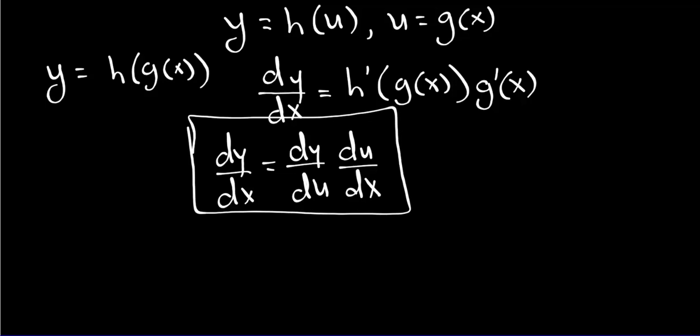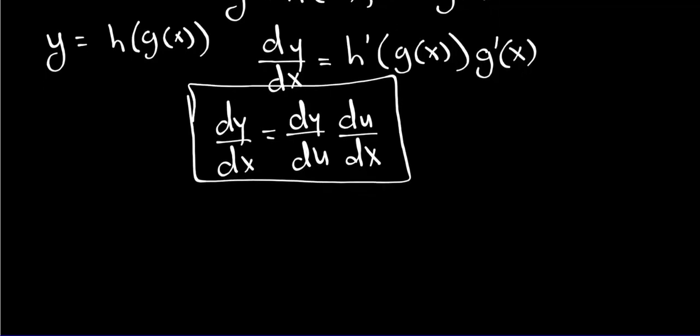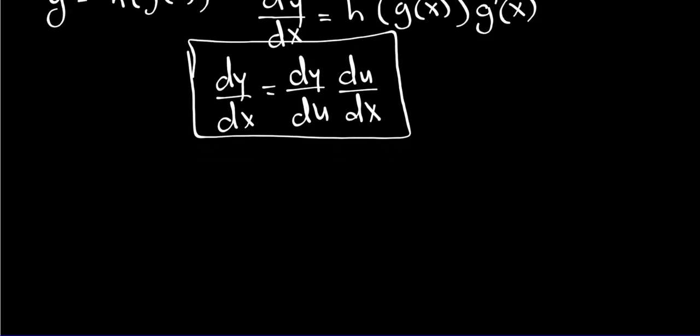Now, we're going to see how we might apply that in a couple of different cases with multivariable functions. The first case is, well, let me show you. Let's suppose we have w equals x squared plus y squared, and let's suppose that x and y are functions of t.